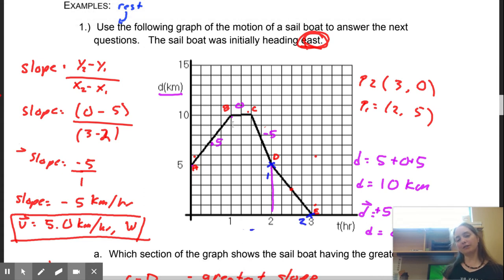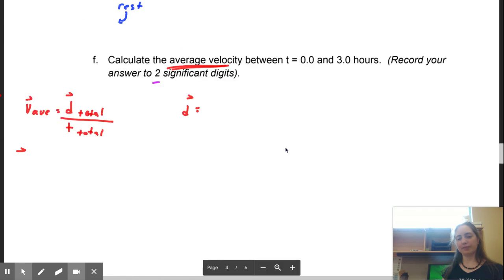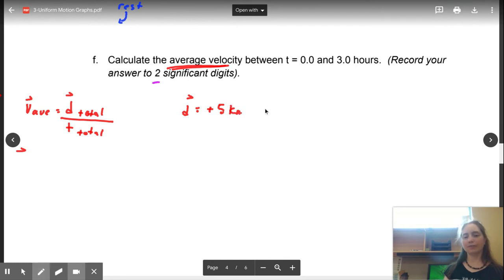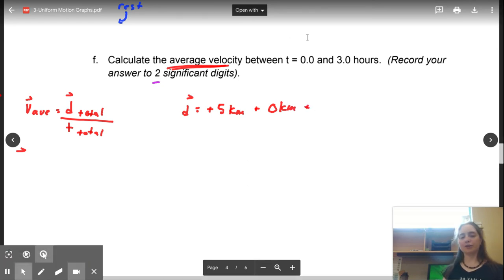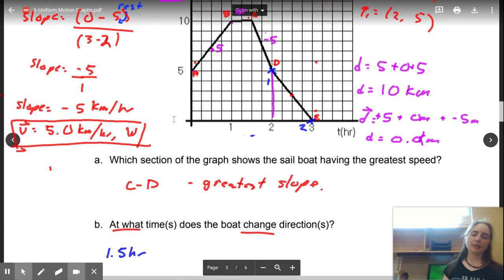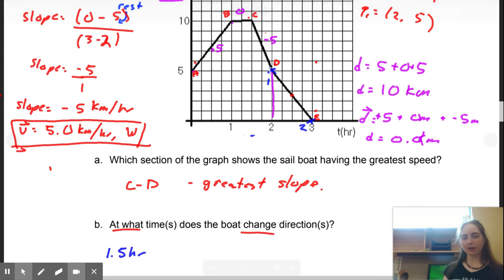We've done up to here. So plus 5, 0, minus 5. Okay, let's put that in there. Okay, so we've done plus 5 kilometers. I'm getting my units wrong. I'd be deducting myself half a point here. Plus 0 kilometers. Okay, and then we're going to jump back up for the negative 5. And then let's look at this last stretch. We've gone from 5 here and then all the way down to 0.